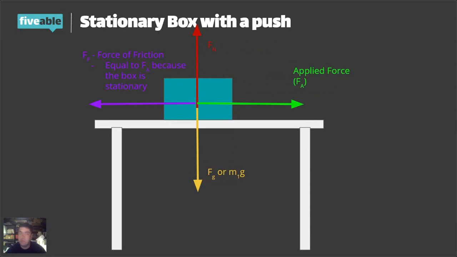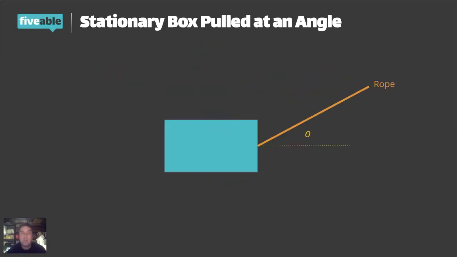So stay tuned for that stream coming up at a future date. That might be next week. So because we're stationary, up and down equal, left and right equal. And again, if I wasn't pushing on it, that friction disappears and we're just left with an up and a down.